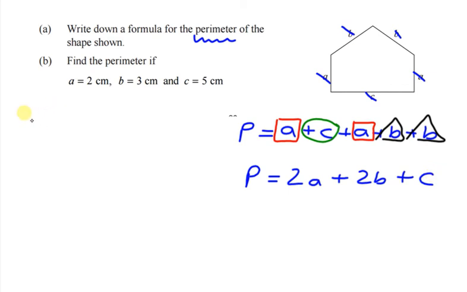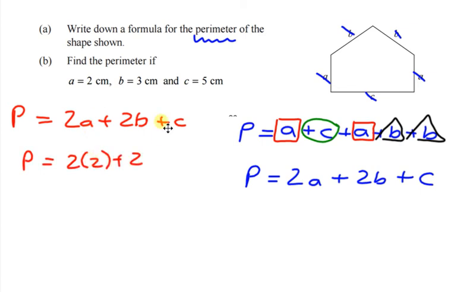So I'm going to put it up here. In fact, I'll change colors. P equals 2A plus 2B plus C. Okay, let's plug it in. P equals 2, and instead of A, I'm going to put 2, plus 2 times, instead of B, I'm going to put 3, plus, instead of C, I'm going to put 5.